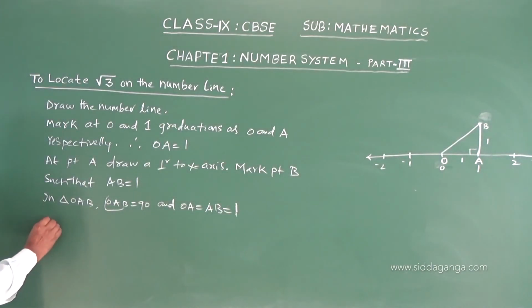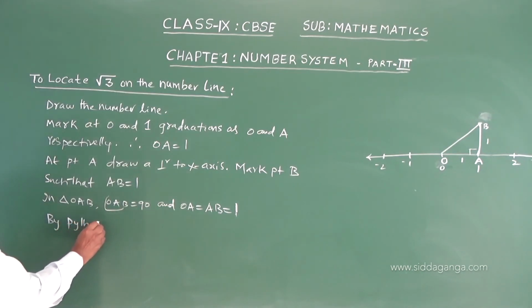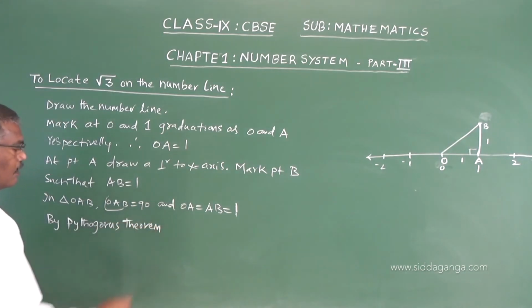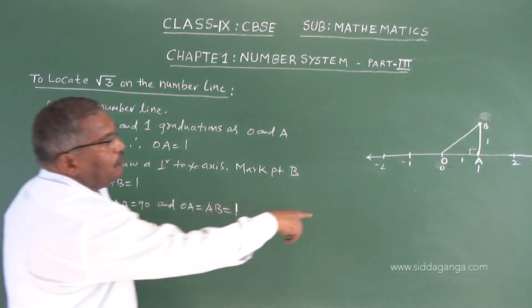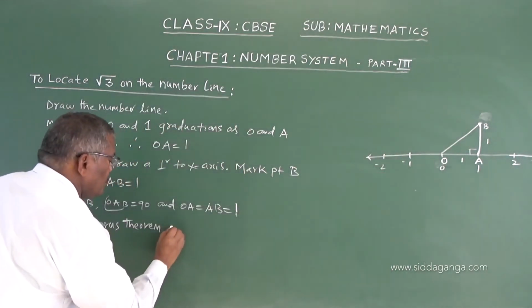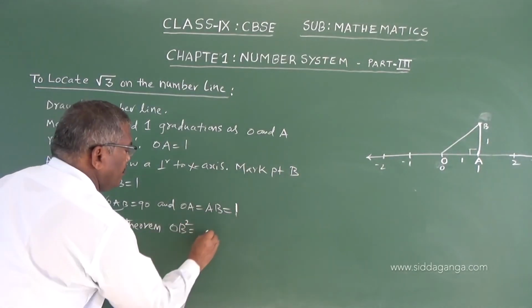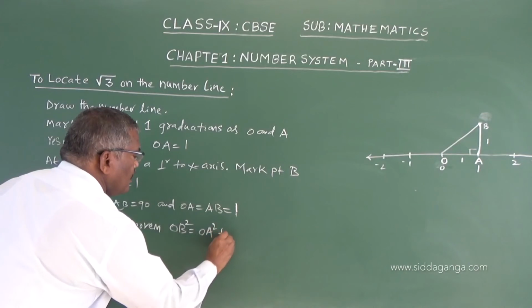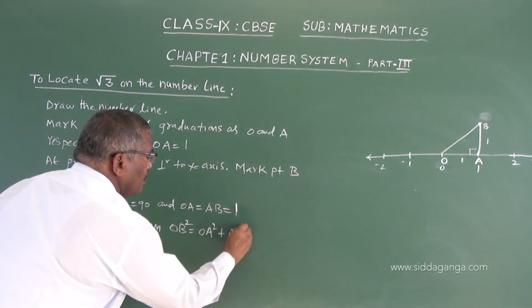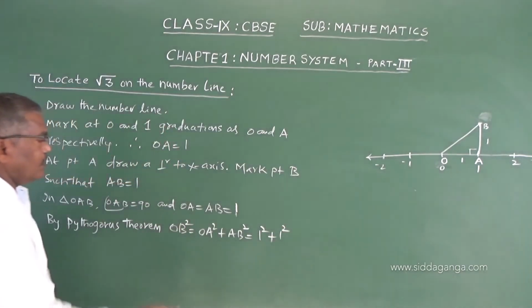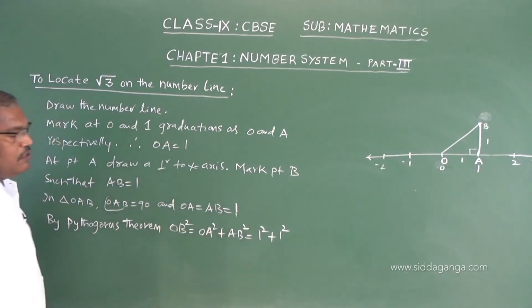So by Pythagoras theorem, we have hypotenuse whole square, OB square equals OA square plus AB square equals 1 square plus 1 square, because OA is 1, AB is also 1.